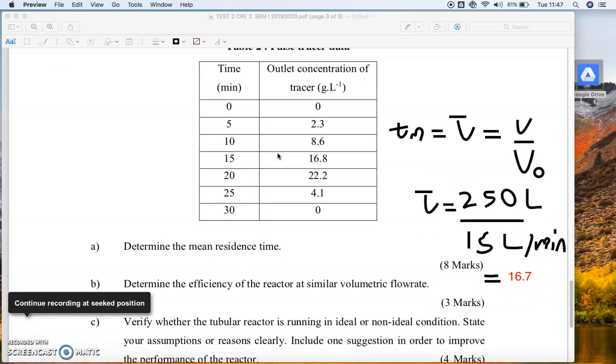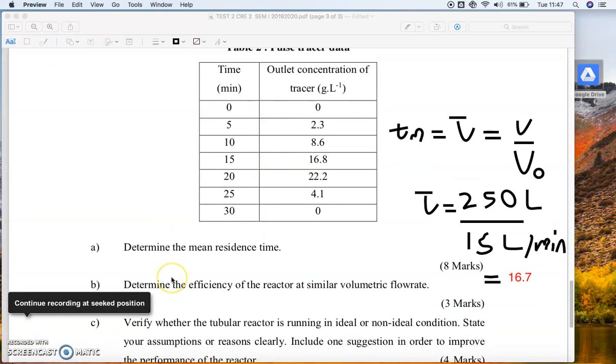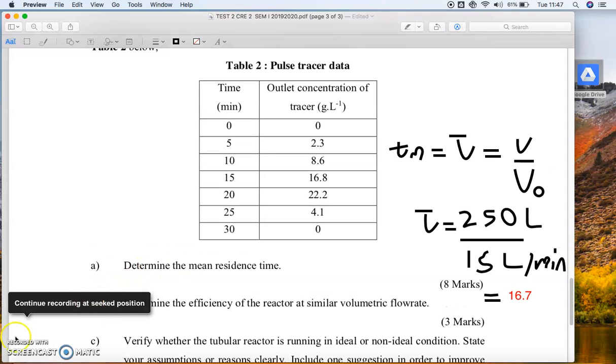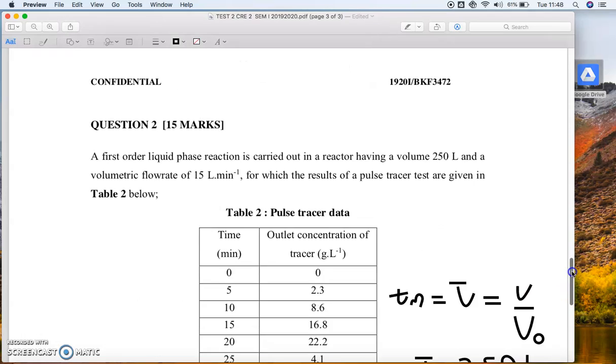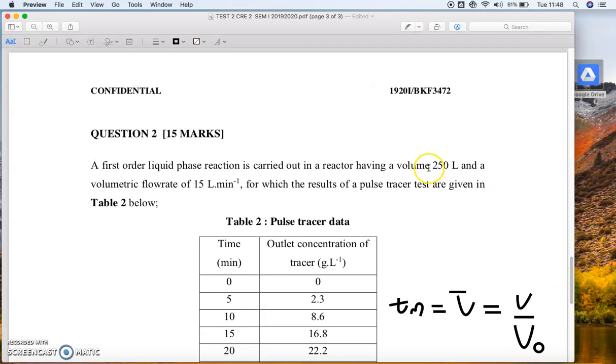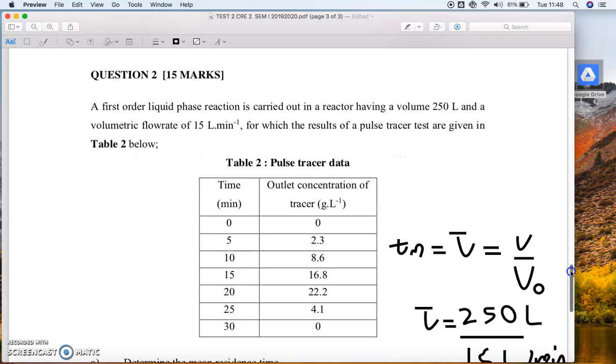Now we go to part B of this question. We want to determine the efficiency of the reactor at similar volumetric flow rate. Earlier you were given the volume, 250 liter, and the volumetric flow rate, 15 liter per minute. So they want you to calculate the efficiency.